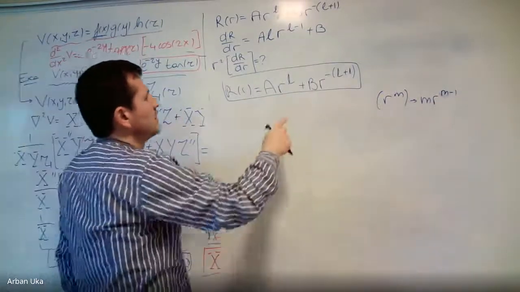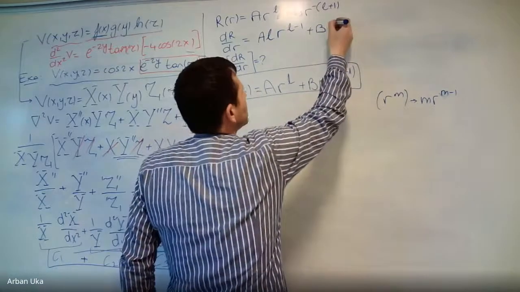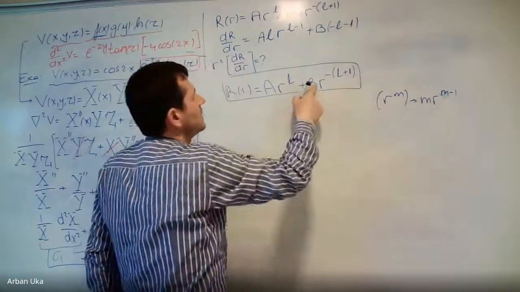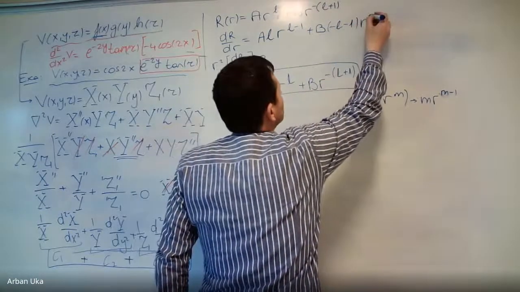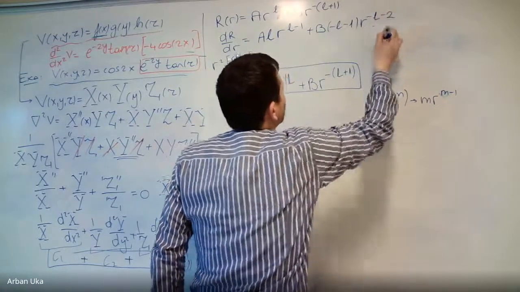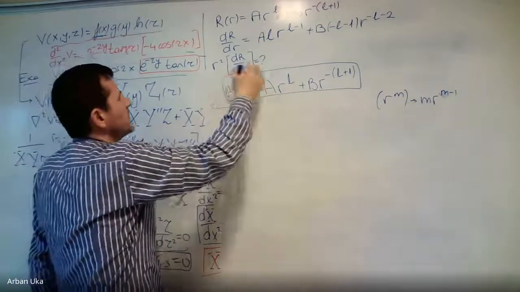Then let's take this power down here, so this is going to be times minus L minus 1, right? R to the power minus L minus 2, okay, that's the derivative. And then we can multiply by r squared.